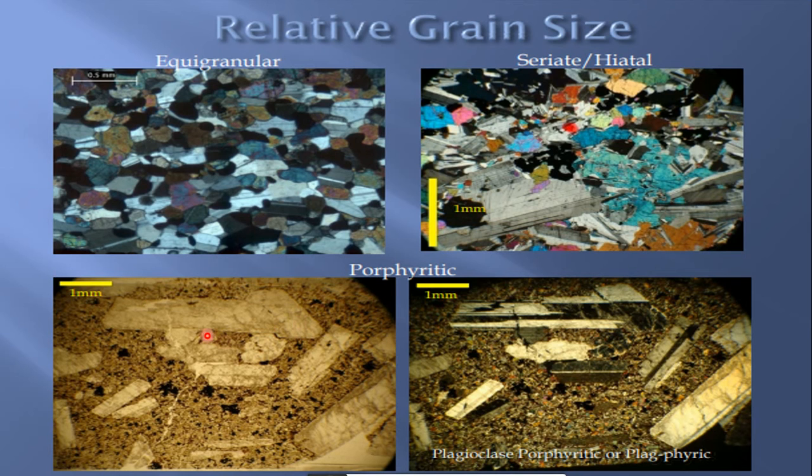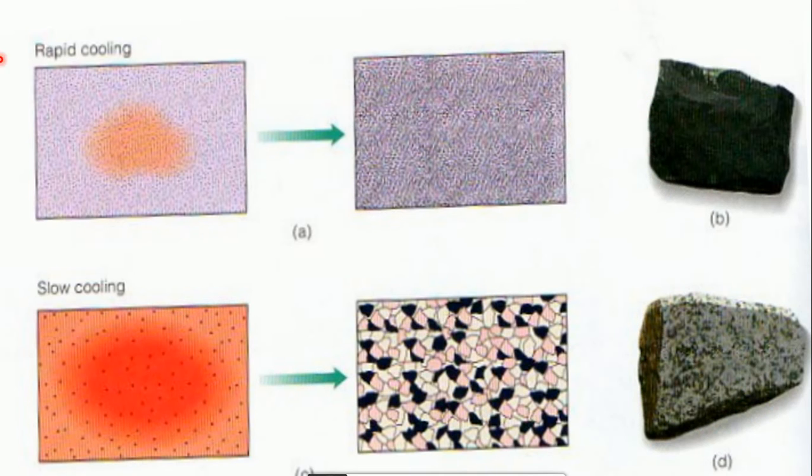Big grains of porphyritic texture, in which the big grains are surrounded by small grains, is called porphyritic texture. Rapid cooling favors small crystal formation, and slow cooling favors big crystal formation.